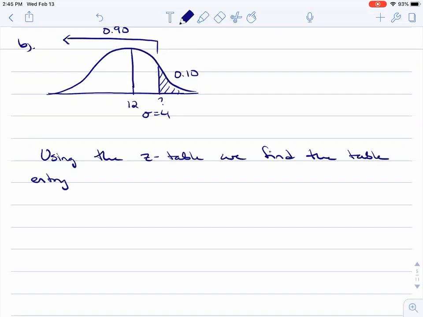Remember, the table entries are all these values in the body of the table. So we find the table entry closest to 0.90. We know it's going to be on the positive Z side because it's above the mean, because it's greater than 0.5.